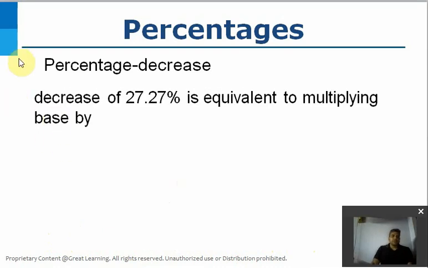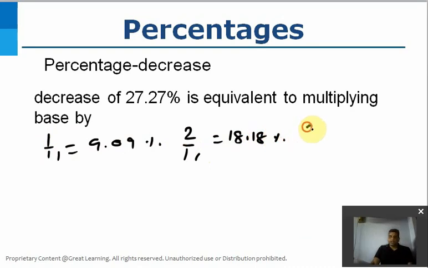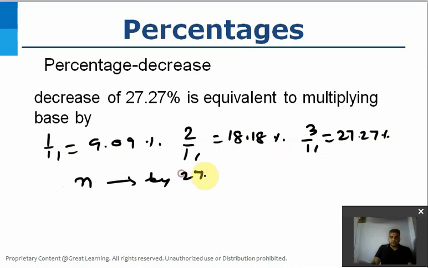Now similarly, I have been given a scenario, a decrease of 27.27% is equivalent to multiplying base by what? So I know that 1 by 11 is nothing but 9.09%. So 2 by 11 will be nothing but 18.18%, and 3 by 11 will be nothing but 27.27%. So what is happening? We are decreasing n by 27.27%.